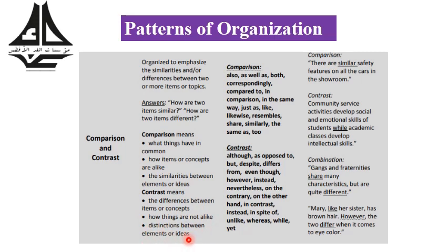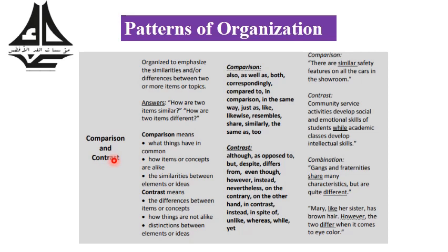What's special about this pattern of organization is that it is 3 in 1. It can either be comparison alone, contrast alone, or comparison and contrast together. If the paragraph talks about only the similarities between specific ideas, then the pattern of organization is comparison.